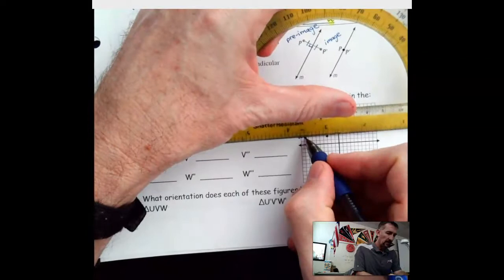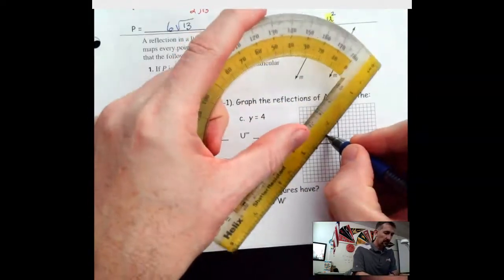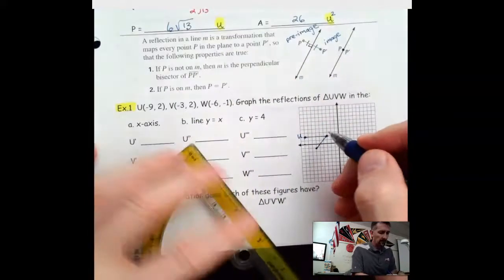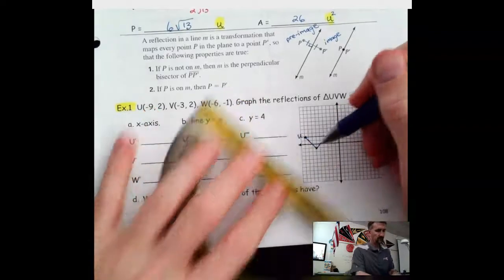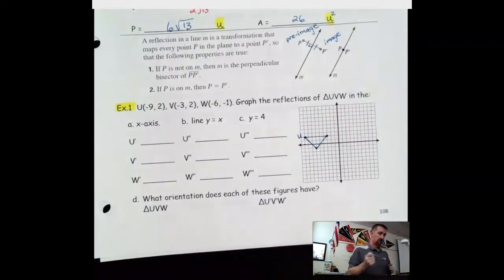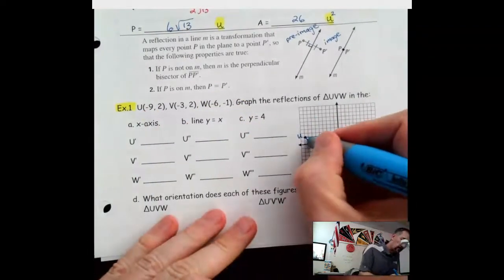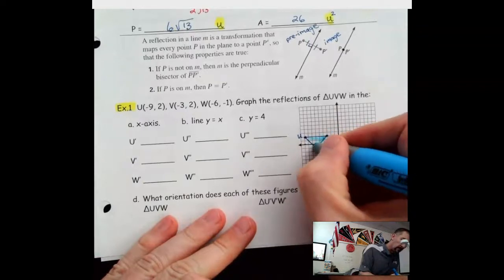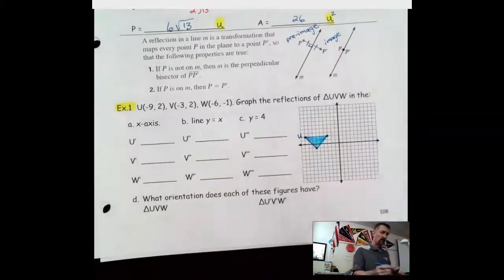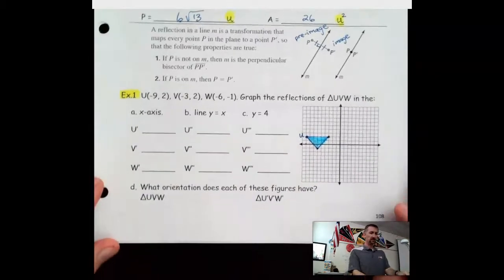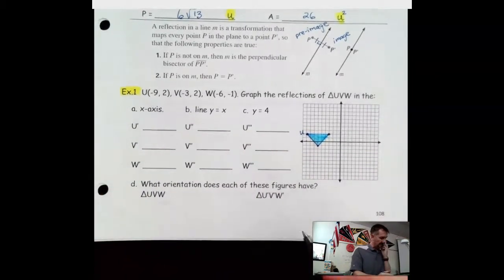So that is our pre-image. That's what we're starting with.